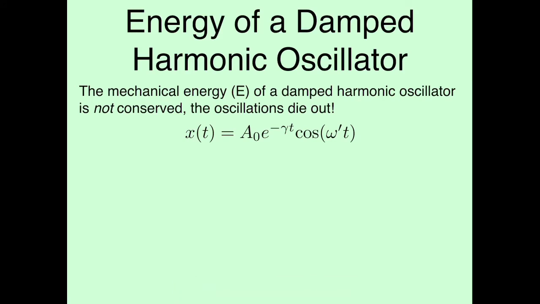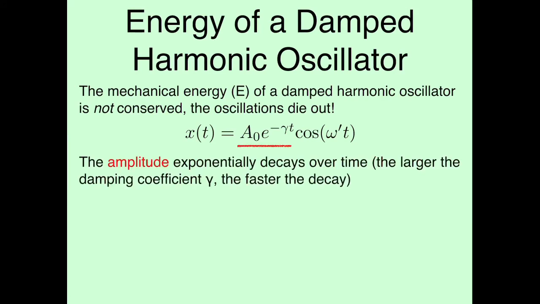So remember, the solution we have for a damped harmonic oscillator generally looks like this. We have x of t is equal to a naught times e to the minus gamma t times cosine omega prime t. If we look at the factor in front of the cosine function, that's the amplitude of the oscillations. So a naught times e to the minus gamma t is the amplitude.